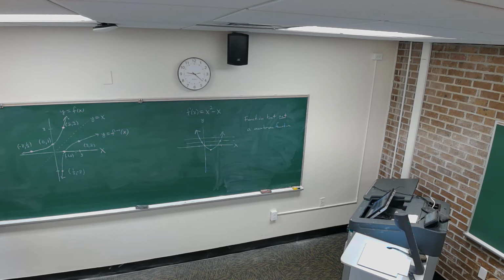So, given the graph of a one-to-one function, you can find the graph of the inverse function just by switching the x and y coordinates. Then it goes the other way. If you have the graph of the inverse function, you can find the graph of the one-to-one function just by switching its x and y coordinates.